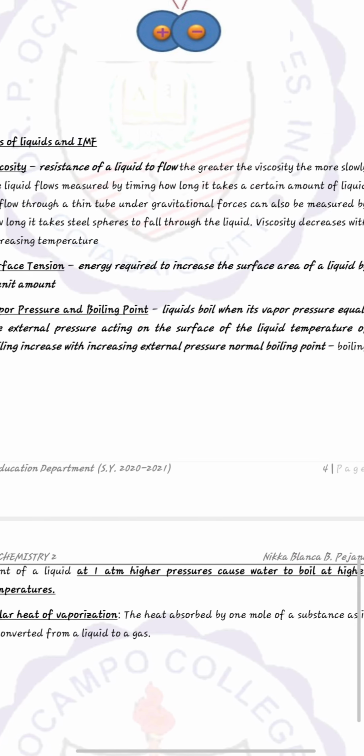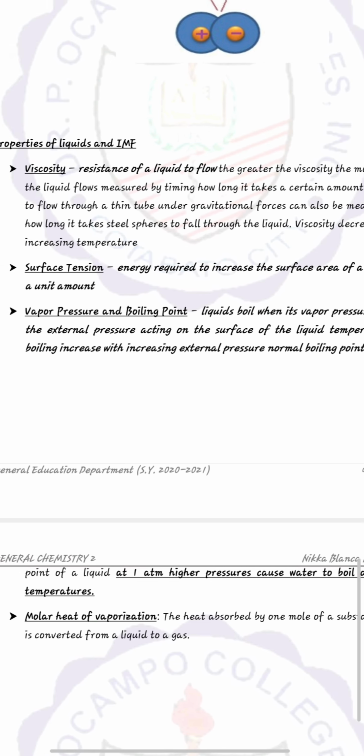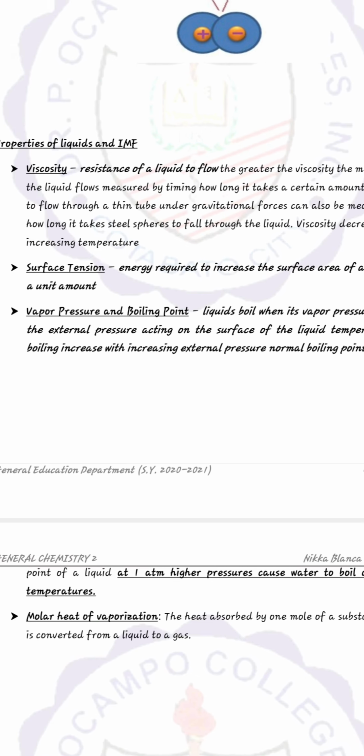Okay, always remember that statement. Viscosity decreases with increasing temperature. Somehow these are the disadvantages and advantages of a certain property of a certain state of matter. Okay? So I hope you understand now what viscosity is, the resistance of liquid to flow. So only liquid has a power to flow.